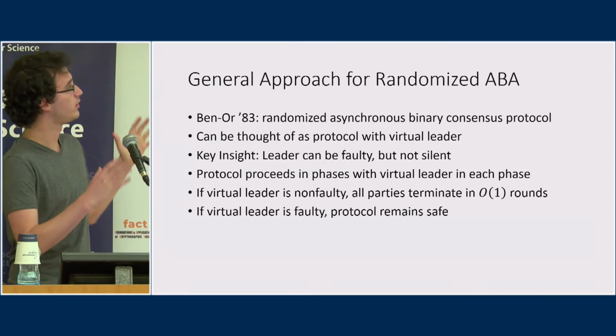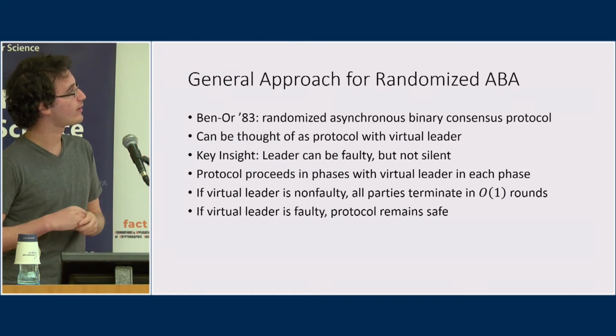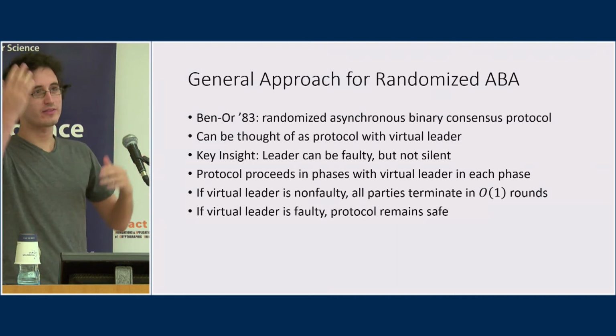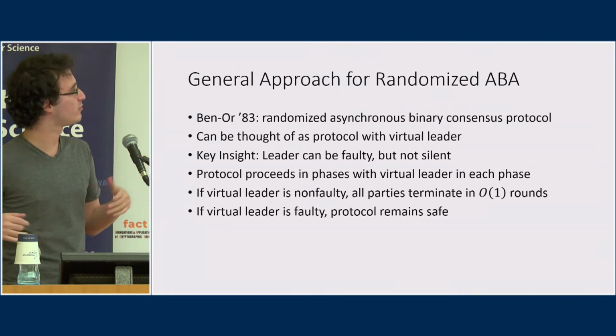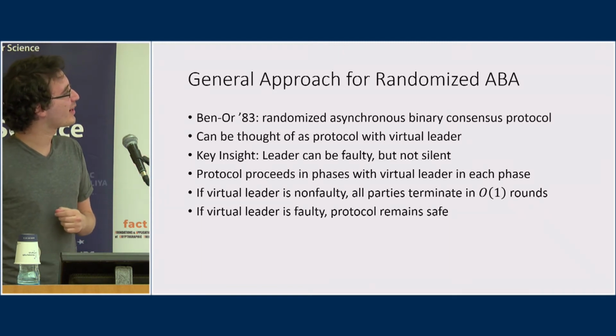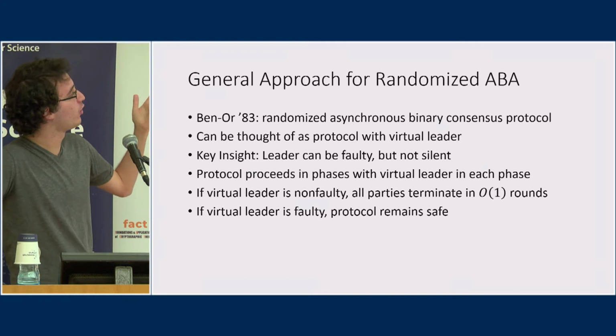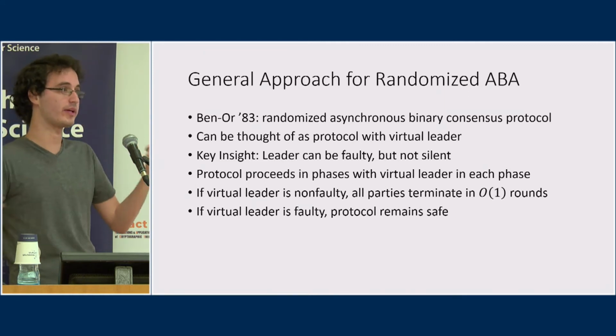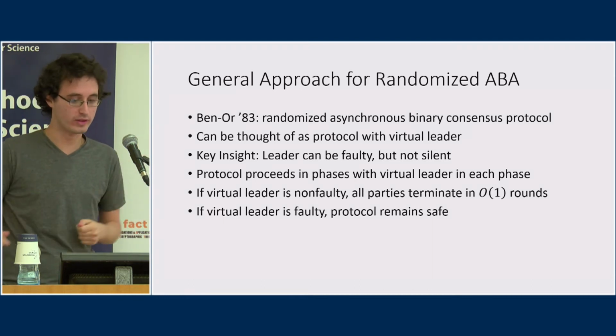So here is a general approach for randomized asynchronous Byzantine agreement. In '83, long forgotten history, maybe not forgotten, but history, Michael Ben-Or showed a randomized asynchronous binary consensus protocol. Binary in the sense that we need to agree on the value 0 or 1.